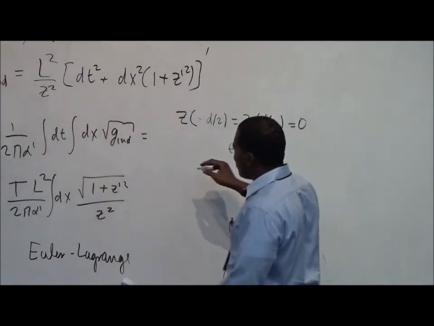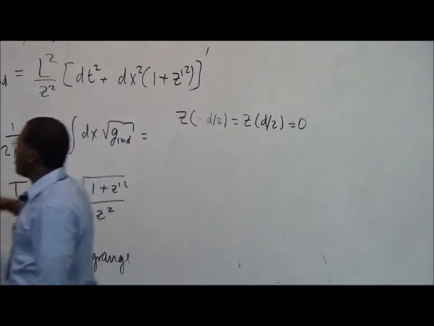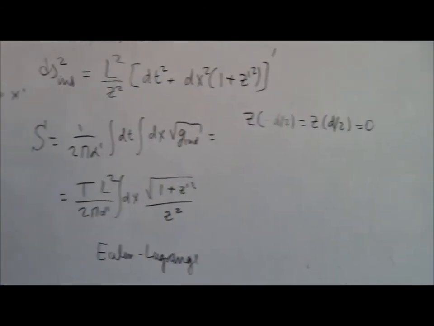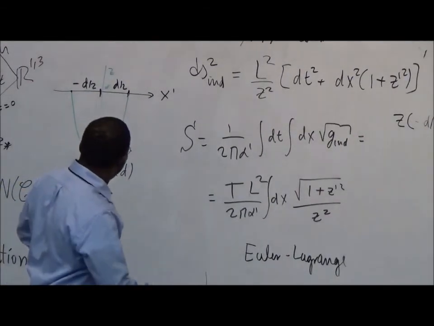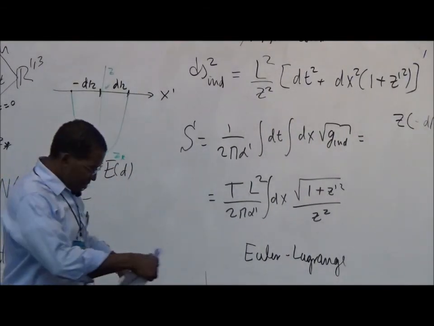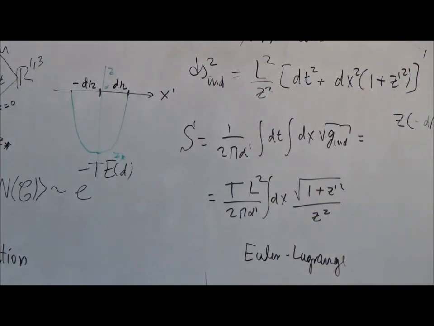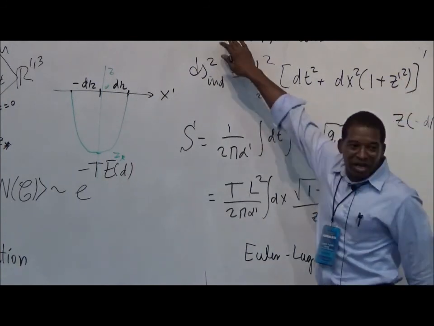Then this problem is solved even more simply if I just consider this part, where z goes from z star to 0. And what's z prime again? Z prime is dz/dx, because I'm embedding this.